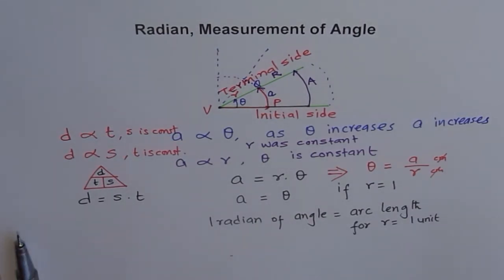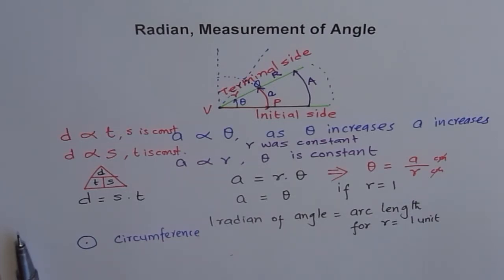Now, think about this. If I make one full circle, then what is the value of A? Find A for a full circle, that means circumference, right? So what is the circumference of a circle?